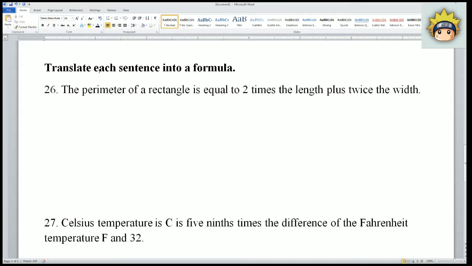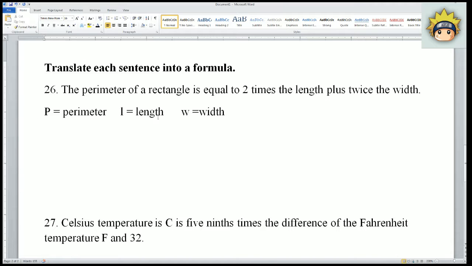Next part, translate each sentence into a formula. The first one, the perimeter of a rectangle is equal to 2 times the length plus twice the width. The perimeter, so let me put P for the perimeter, L for the length, and W is equal to the width.